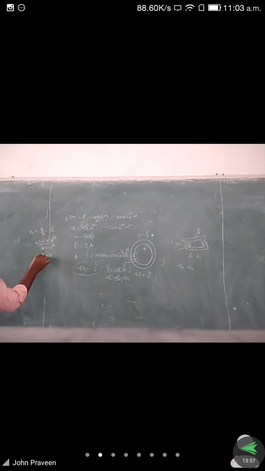So we are getting the value as 1 Weber per meter square, because the unit is Weber and here the unit is meter square. The B value we obtained with the help of the given data.